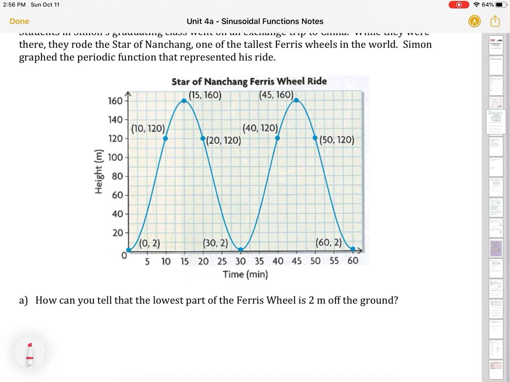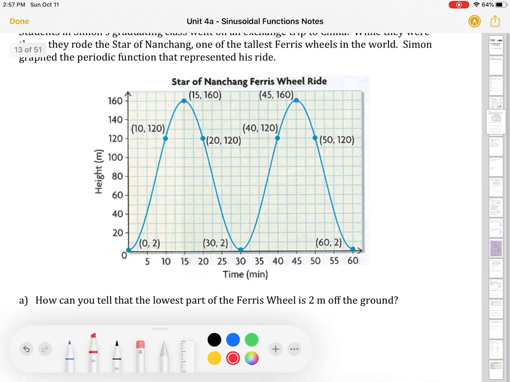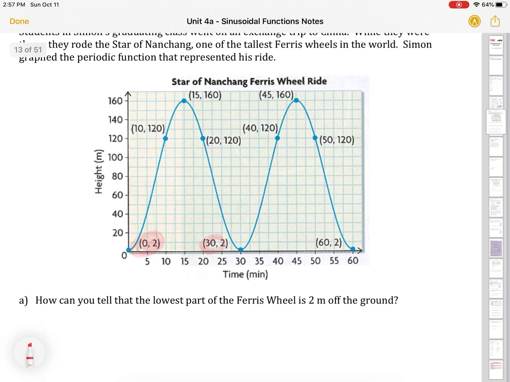How can you tell that the lowest part of the Ferris wheel is 2 meters off the ground? Well, we can look at our minimum values. Here, our minimum values all happen at y equals 2.